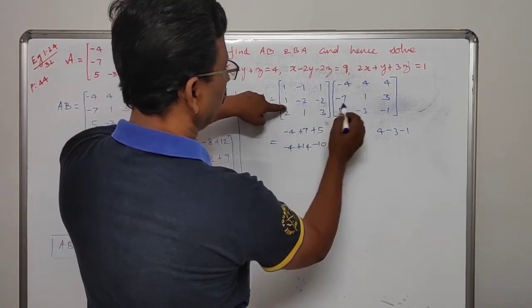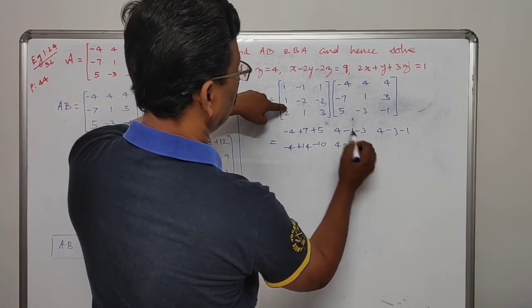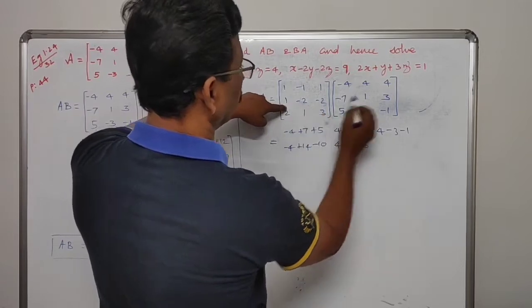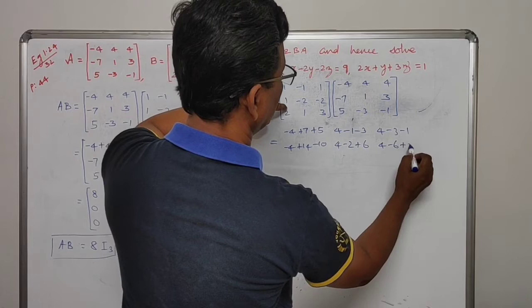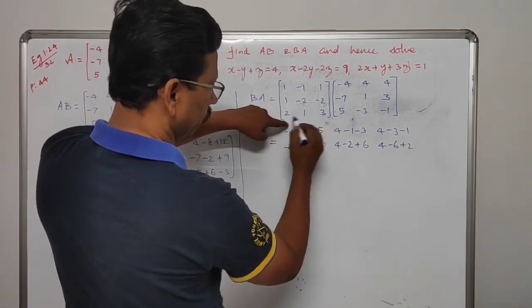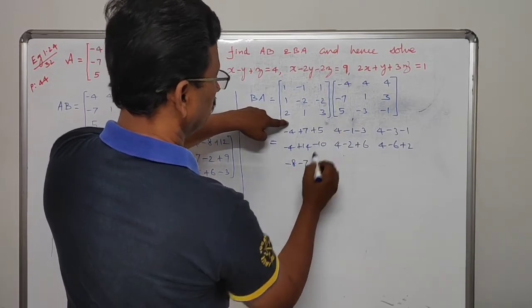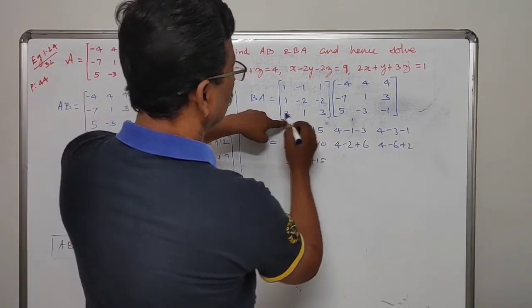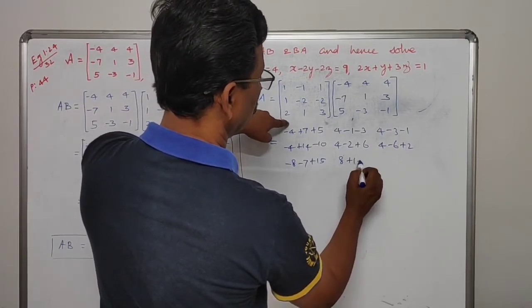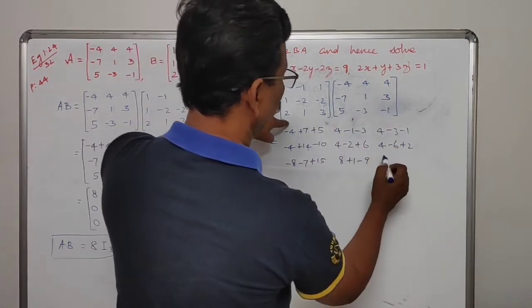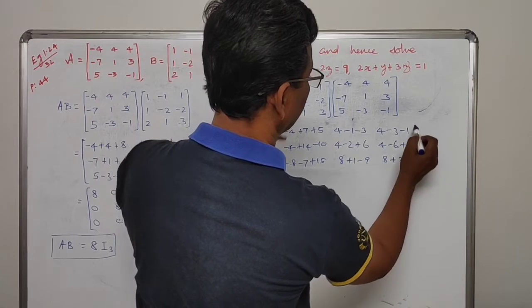Then second row second column: 4, then minus 2, then plus 2 threes are 6, then 4, minus 6, then plus 2. Then third row first column: minus 8, minus 7, then plus 15. Then third row second column: 2 fours are 8, plus 1, minus 9. Then 2 fours are 8, then plus 3, minus 3.